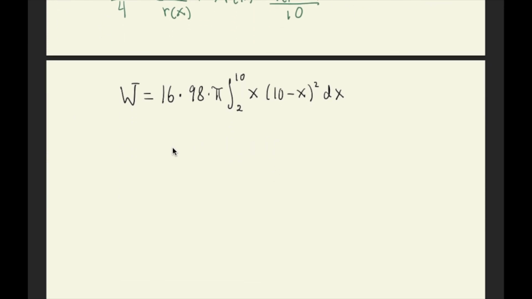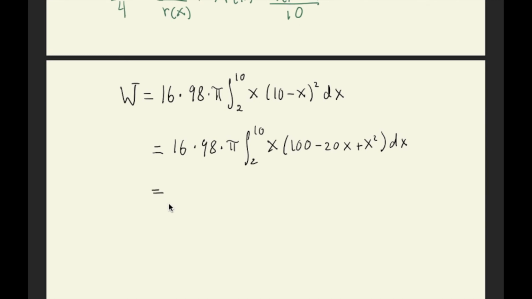Now we just need to solve this integral. You can just distribute this product here. 16 times 98 times pi, integral from 2 to 10. Distribute this. So this is x times (100 minus 20x plus x squared) dx. Let me compute this 16 times 98 because I think it's not going to simplify anything.